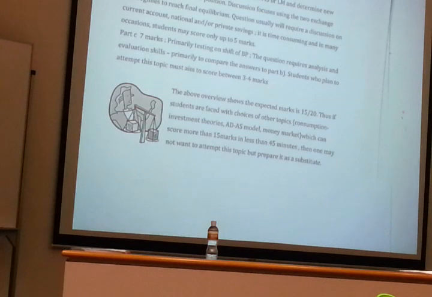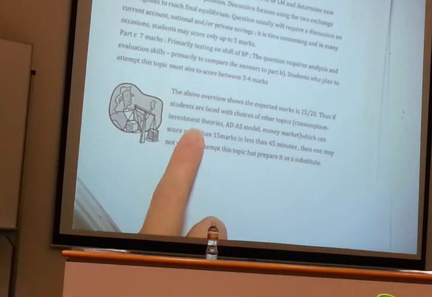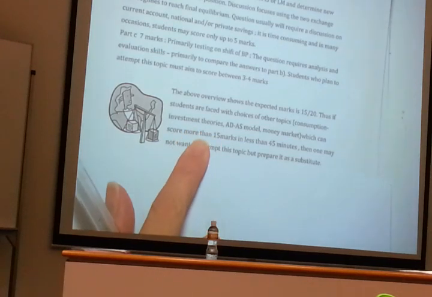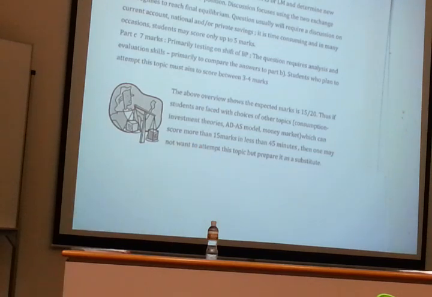One would be open economy, one would be any one of these. Then if any of these topics can let you earn 15 marks in less than 45 minutes, alright, then you shouldn't do open economy. So my conclusion is you should not drop, you should prepare as a substitute, but you are aware you may only earn 12 to 13 marks.